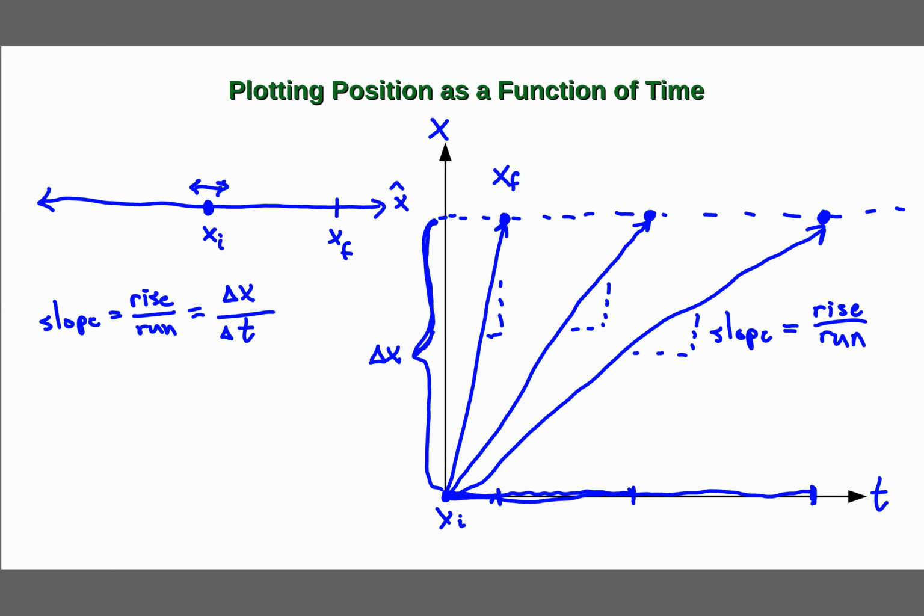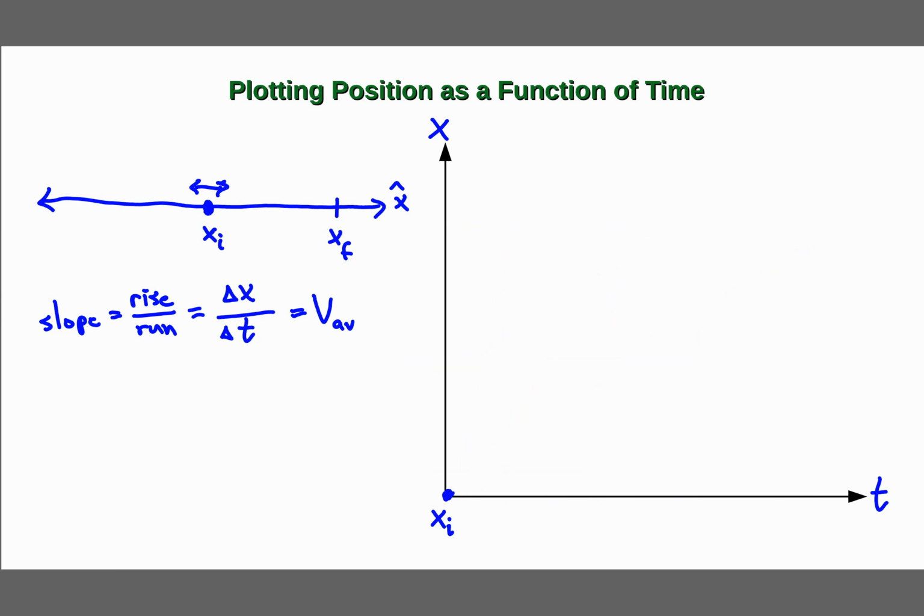But this should look familiar, right? This is average velocity. So if we're calculating average velocity, we're always calculating a line on a plot like this where we have x as a function of t.